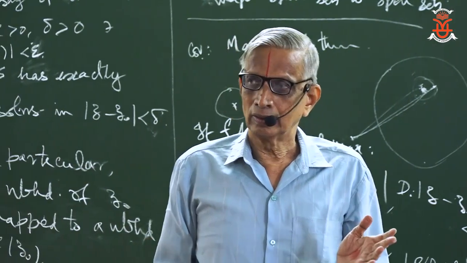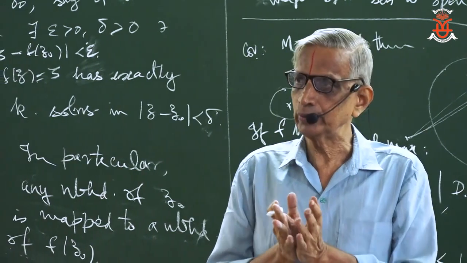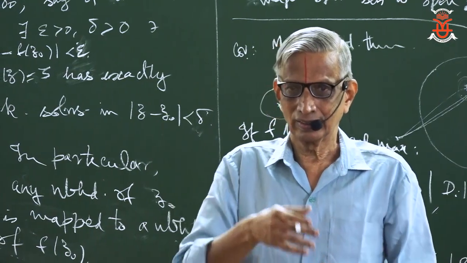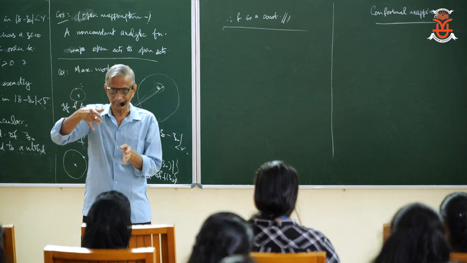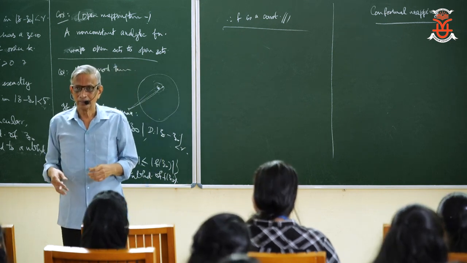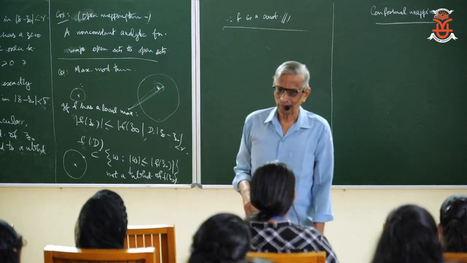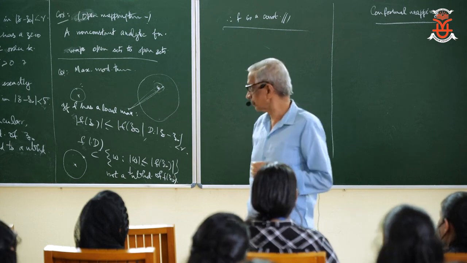How do you measure the angle between two curves at a point of intersection? By definition, the angle between two curves is the angle between the tangents at that point, right? So of course you assume that the curves are C1 as usual, so that the tangents make sense.